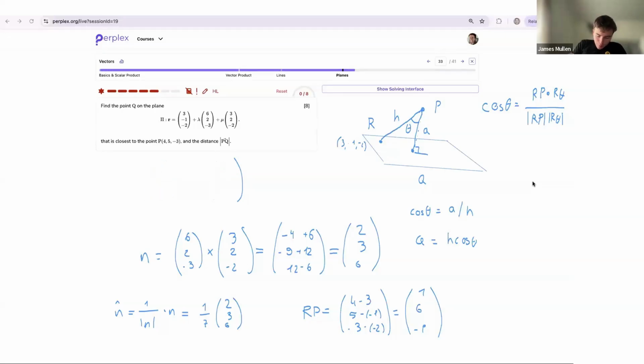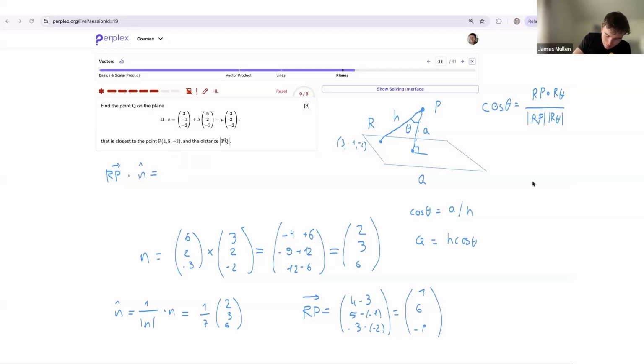I'm going to have my vector RP dotted with the normal vector. Okay, and because the normal vector has a magnitude of 1, that should give me the magnitude of RP times the magnitude of n, which is just 1, times cosine theta.